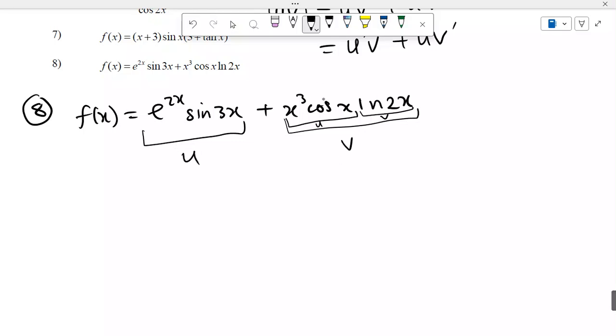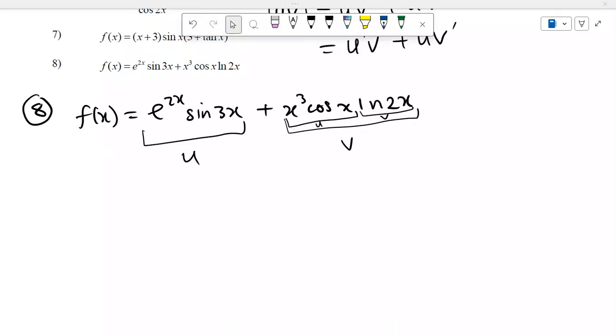But this one, for us to solve, is the same as the previous one we've been solving, because there are 3 functions. So we use the product rule to decompose this part. After decomposing it, we get our v prime. Okay, that's how to handle this question.